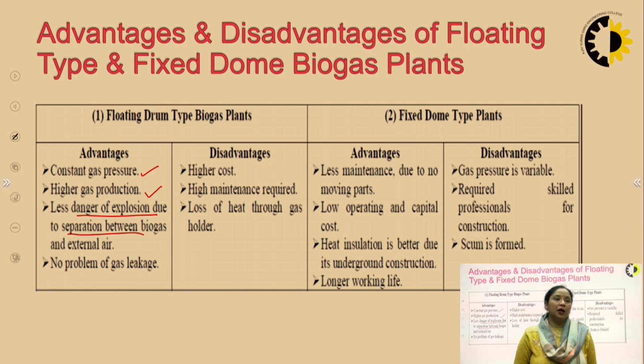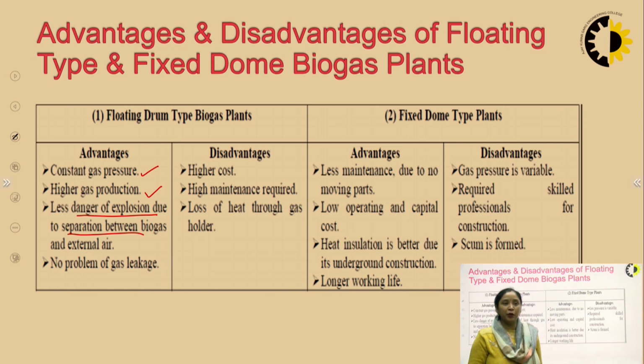Since the dome is not flexible, the gas generated sometimes becomes so much that it can explode. So there is a risk in the fixed type of plant. But in the floating type, we have less danger as compared to the fixed dome type. No problem of gas leakage.